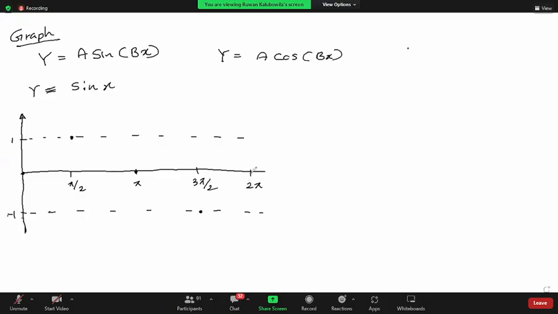And sine 2 pi again comes back to 0. So the original sine curve, right? Original sine curve, I try to draw just like this. So this is the y equals sine x graph, the curve.